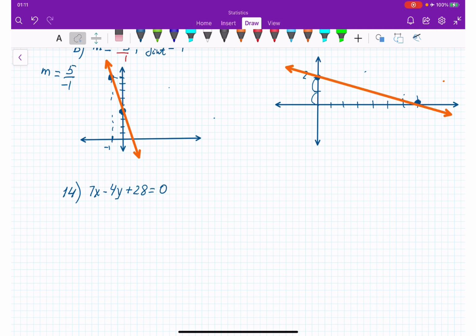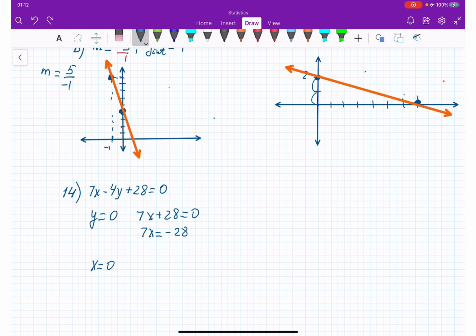When y is equal to 0, how much will be x? And when x is equal to 0, how much will be y? Those are the method of two intercepts. So when y is equal to 0, we get 7x plus 28 equals 0. And then from here, 7x is equal to negative 28, right? I moved it to this side.